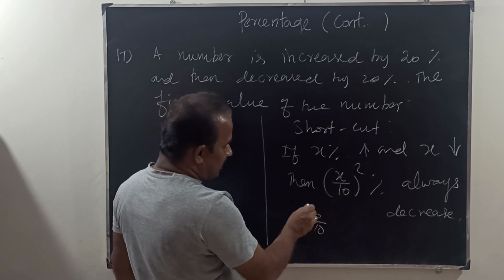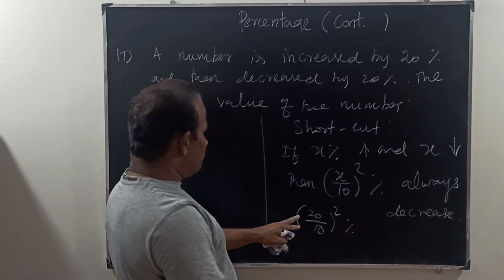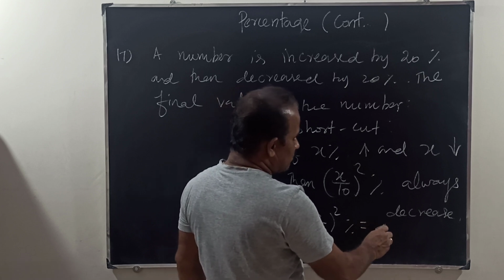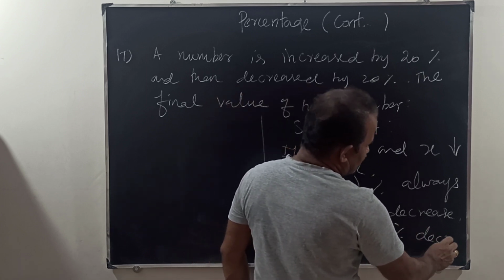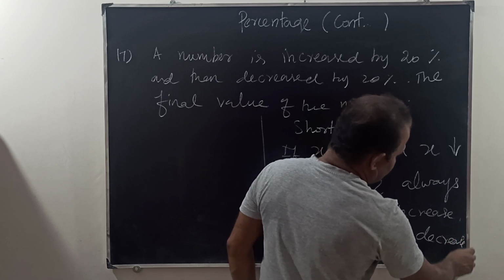Then 20 divided by 10 is 2, and 2 squared is equal to 4. So the answer is 4% decrease.